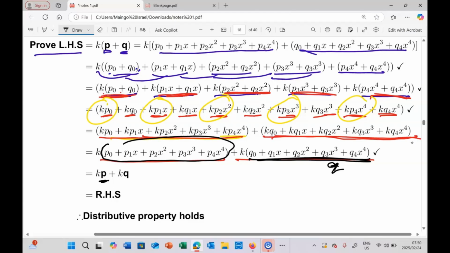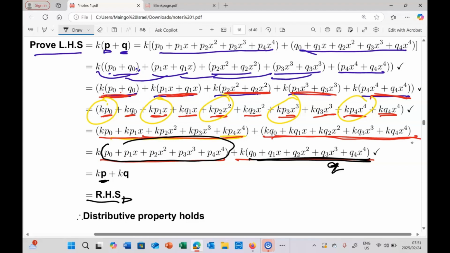So now this is just kp plus kq, and this is the same as the right hand side, what we are required to prove. This means that the distributive property holds. Therefore, the distributive property holds. I think this one is clear.